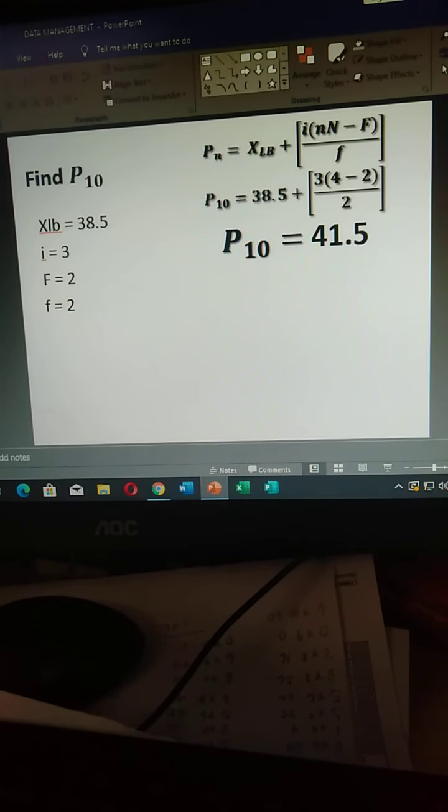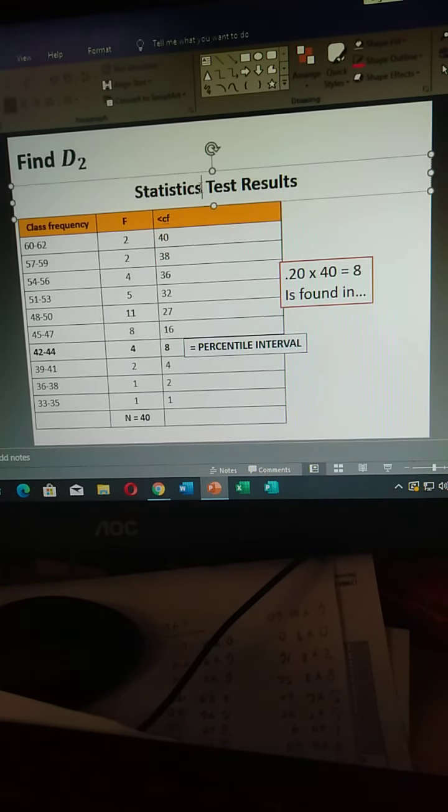Next, the last one: D2. Let's convert D2. D2 is equal to what? What is its equivalent in P? Anyone?